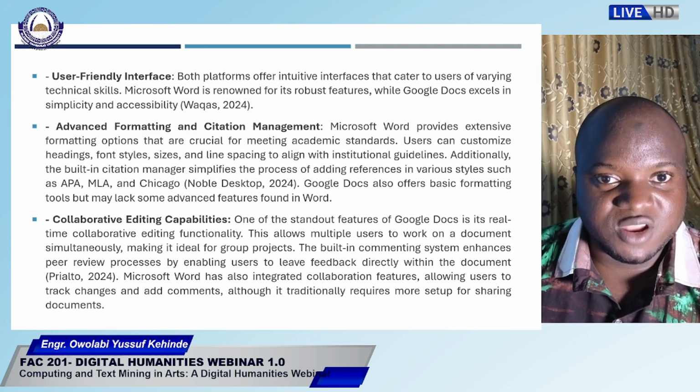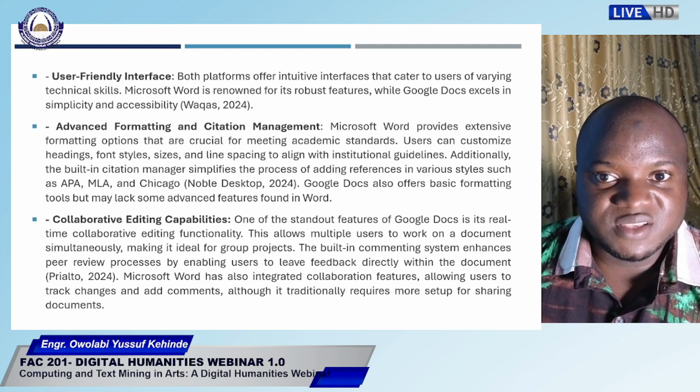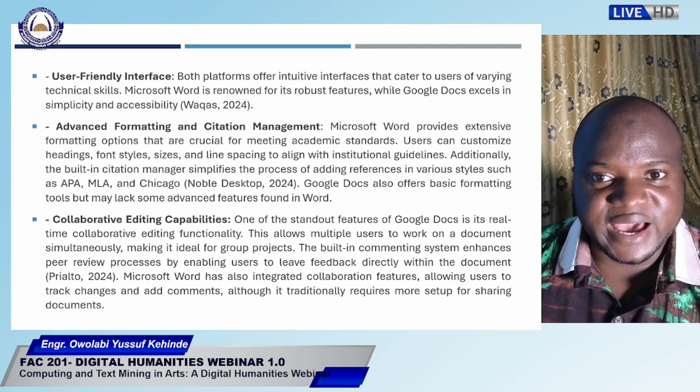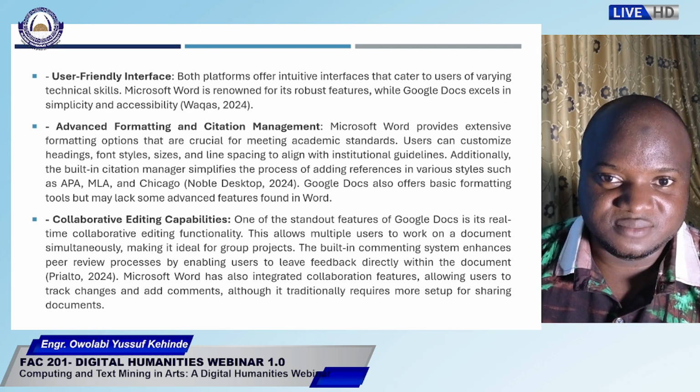We also have the collaborative editing capabilities. One of the standout features of Google Docs is its real-time collaborative editing functionality. This allows multiple users to work on a document simultaneously, making it ideal for group projects.